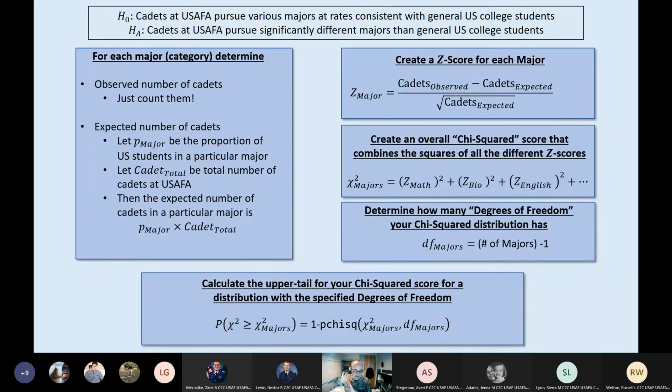And we want to know anything off from that, even if all of our things are under, then all of our z's are going to be negative, and then we square them all, and we're going to get a big positive number. And so the bigger the positive, the farther we are, and so it's moving up that upper tail. And so that's why we always care about the upper tail, because of how this test statistic is built, if that makes sense.